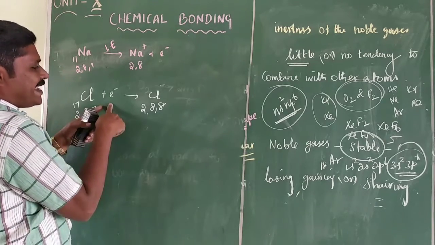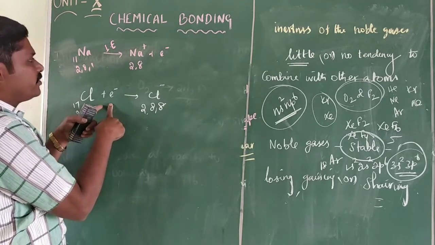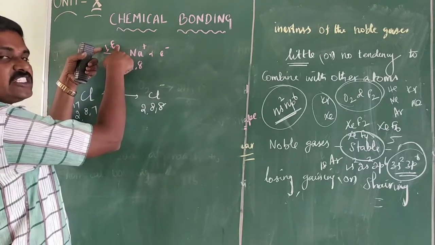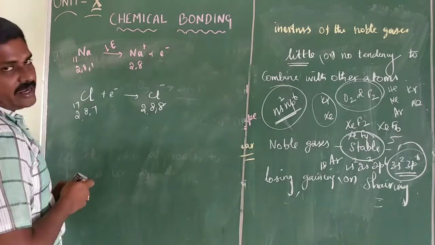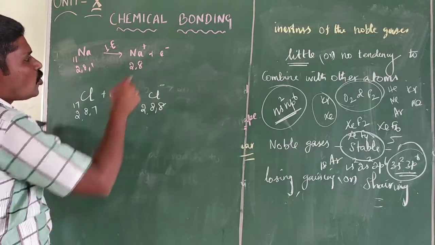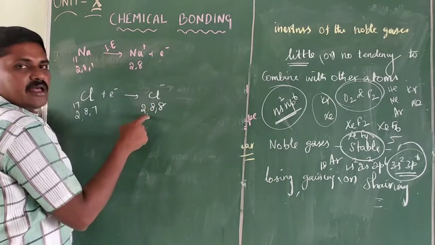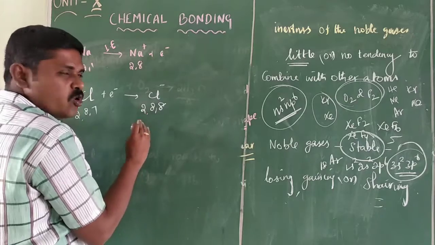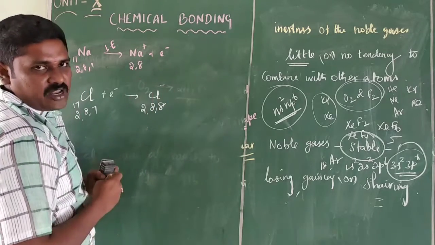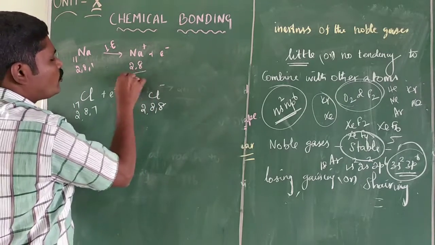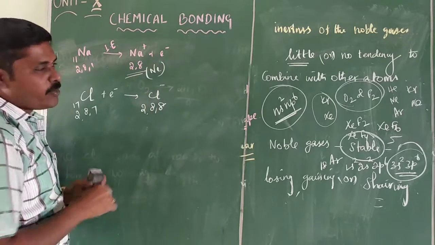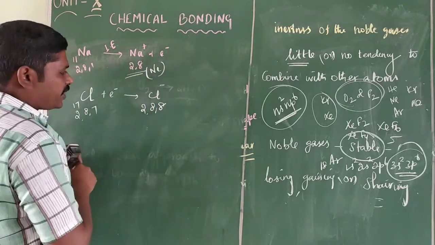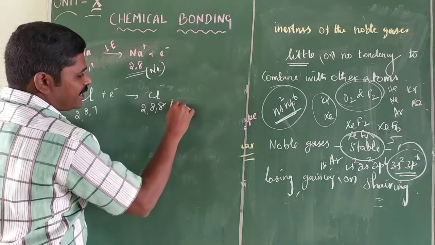This energy is the electron affinity, and this energy is the ionization energy: gain of an electron, loss of an electron. Both ions attain near noble gas electronic configuration: the sodium ion has the neon configuration, 2, 8, and the chloride ion has the argon configuration, 2, 8, 8.